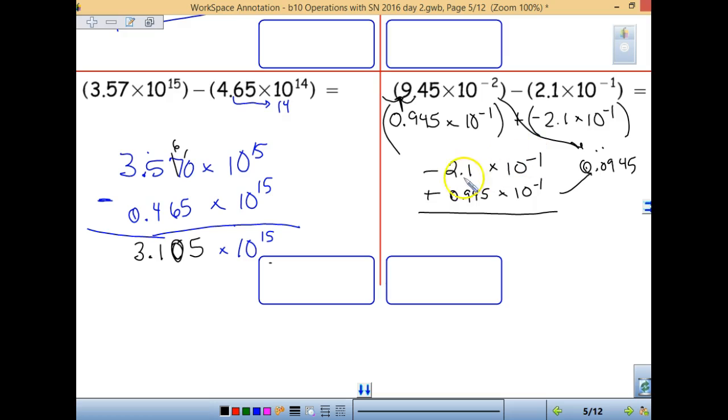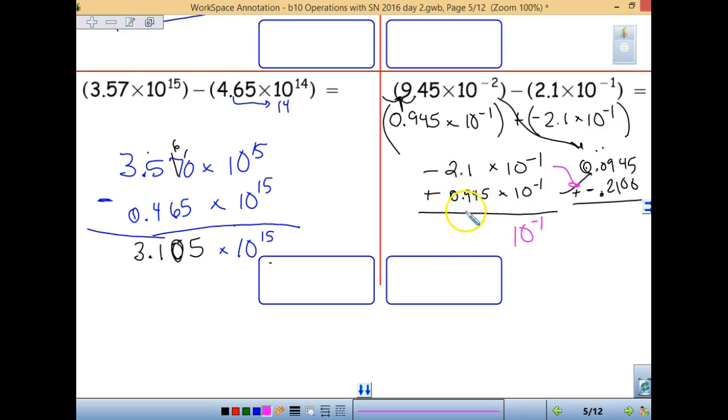And then this one, in standard form, would have been negative 0.21, right? So sometimes writing these out in the other form, like the standard form, might help you. We're going to keep the 10 to the negative 1.